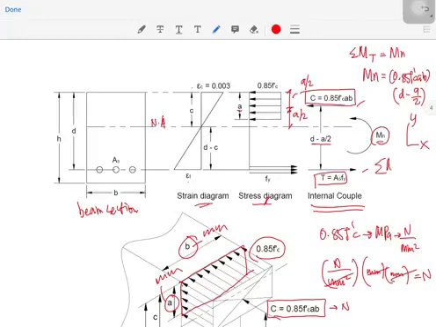While if you sum up moment at the compression side, which is equal to Mn, then Mn would be equal to As fy times d minus a over 2.